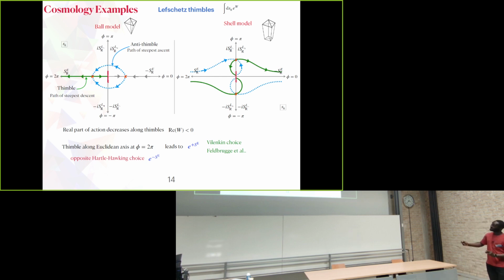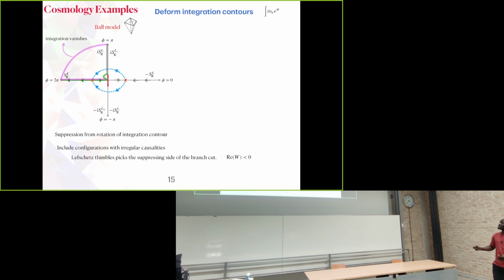But in this Thimble, you see that it goes across to this region and switches back to this region. So in the computation of the path integral, we will have to deform the contour accordingly. For example, in the ball model, the original integration is along the Lorentzian axis, which is on this line. There is a small irregular part here, which we saw before.